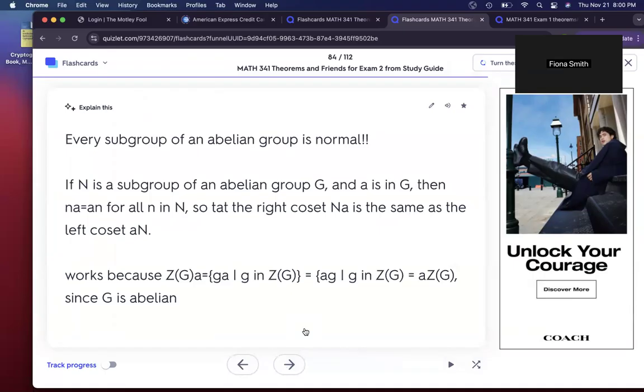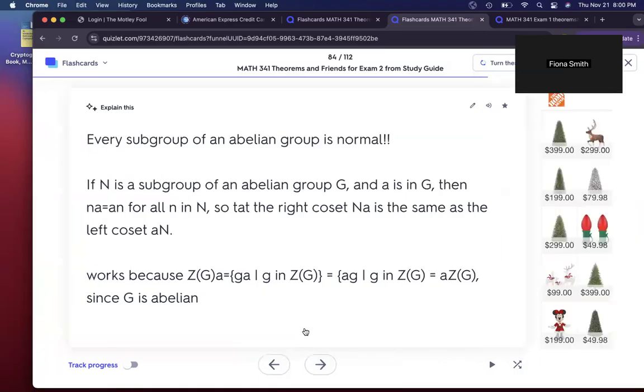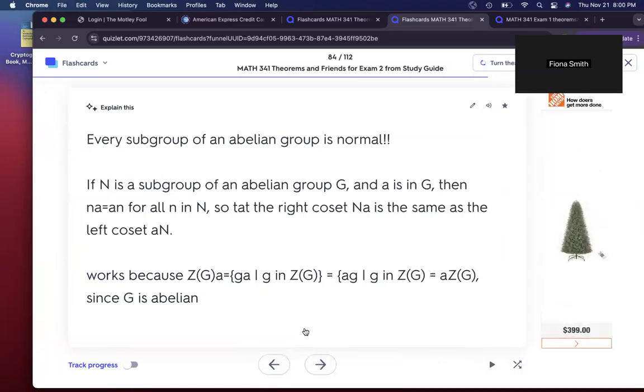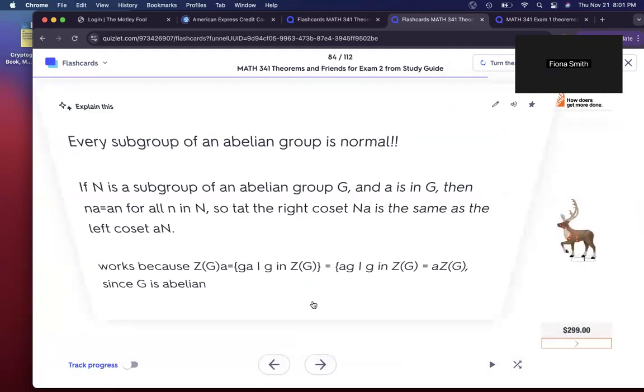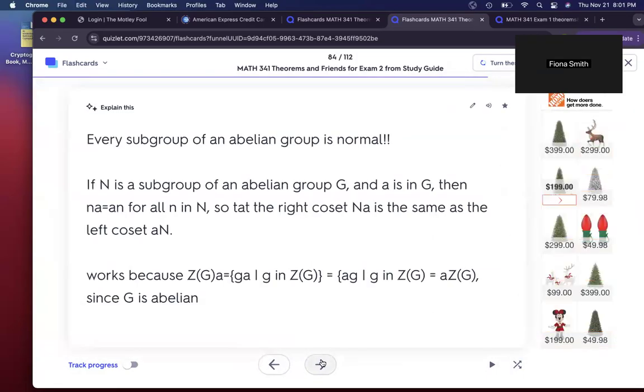So if N is a subgroup of an abelian group G and a is in G, then na equals an for all n in N, so that the right coset is the same as the left coset. And that works because the center of the group G star a is ga for all g in Z(G), and that's the same the other way around. And this works because G is abelian. So since G is abelian, everything commutes, so everything's normal.